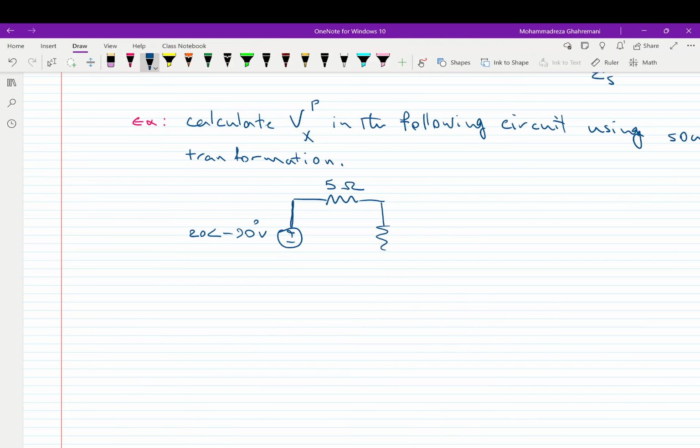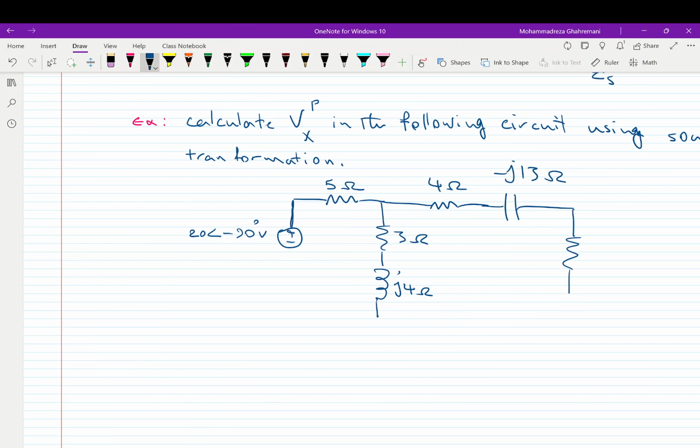We have a 3 ohms resistor, an inductor with a value of j4 ohms, then another 4 ohm resistor, a capacitor with a value of negative j13 ohms, and a resistor with value 10 ohms.